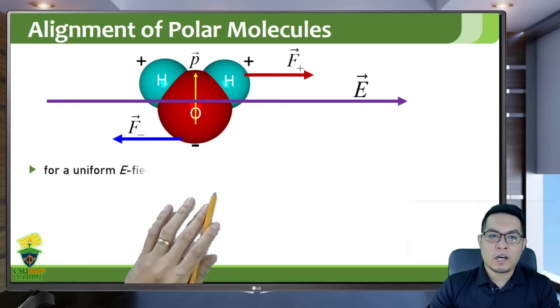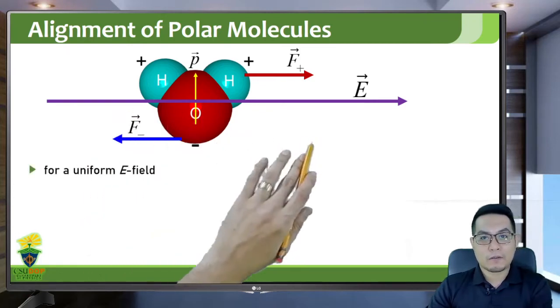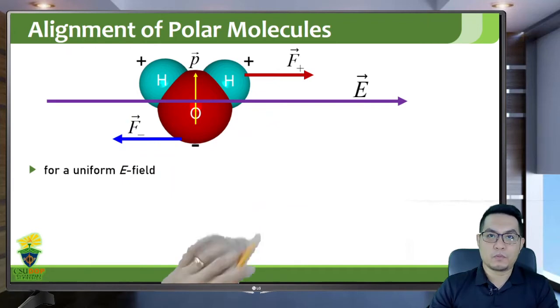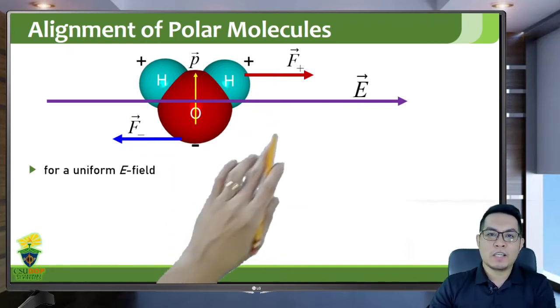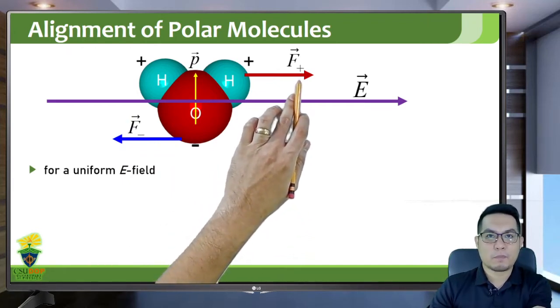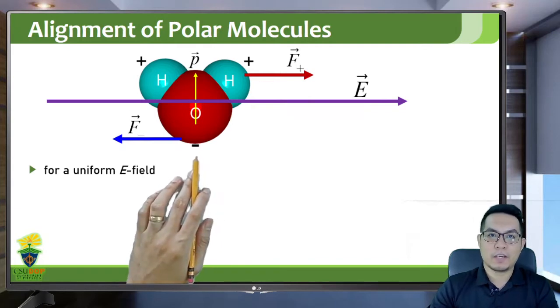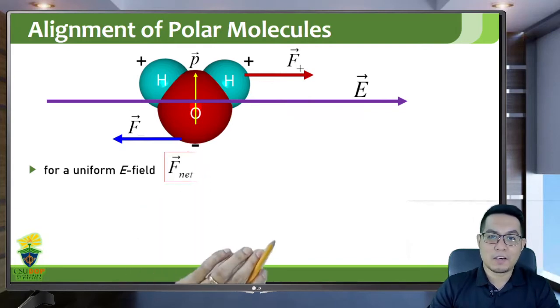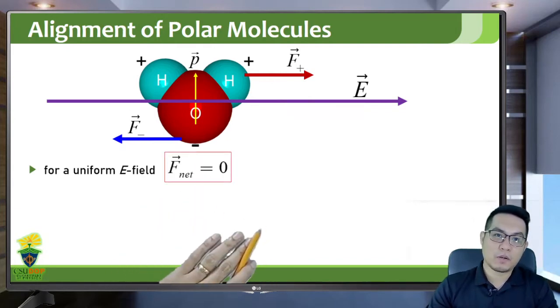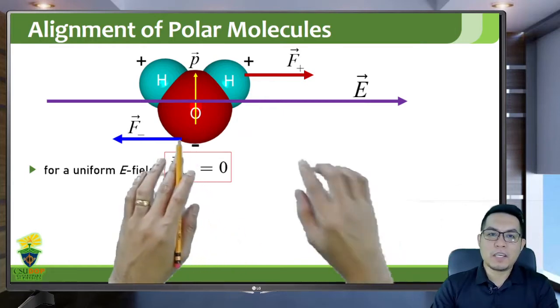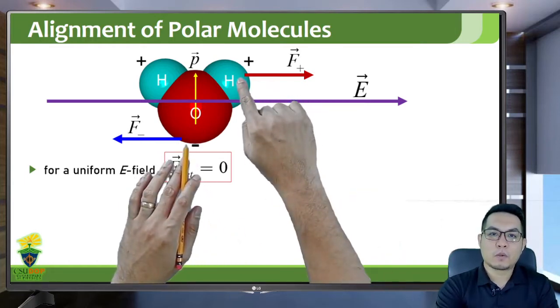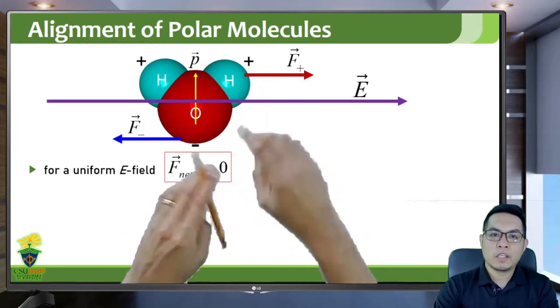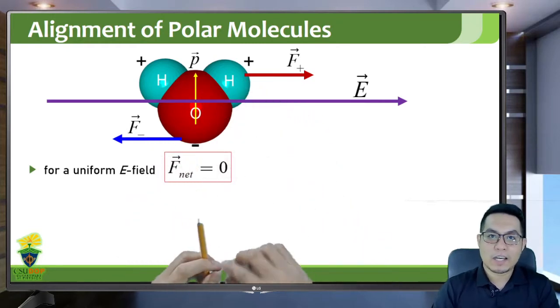Now, if the electric field is uniform or constant, then these two forces, the force on the positive end and the force on the negative end, will actually cancel each other out, giving a total net force of 0. But even if the total net force is 0, the torque is not necessarily 0.